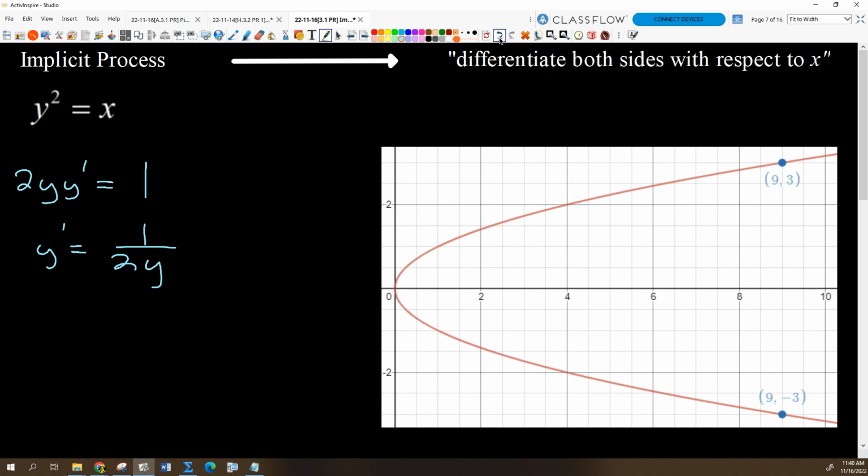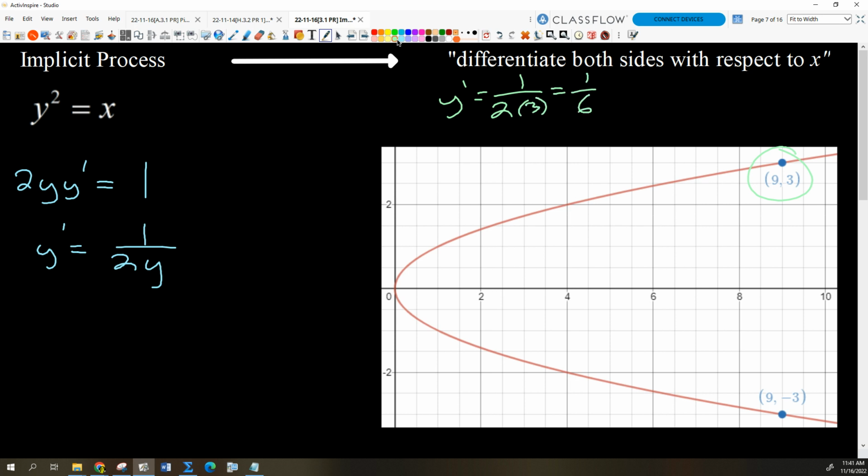Well, look, we have 2 points on our relation y squared equals x, because that's the graph of the whole relation y squared equals x, isn't it? It's a non-function. But there are 2 places where x is equal to 9. What if we take the top one? If we take this point right here, we end up with y prime equals 1 over 2 times, well, what's my y value here? 3.